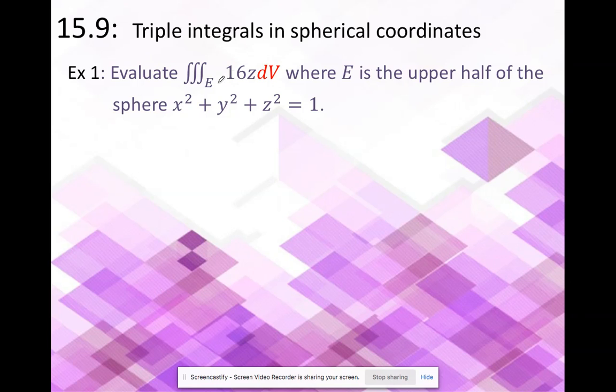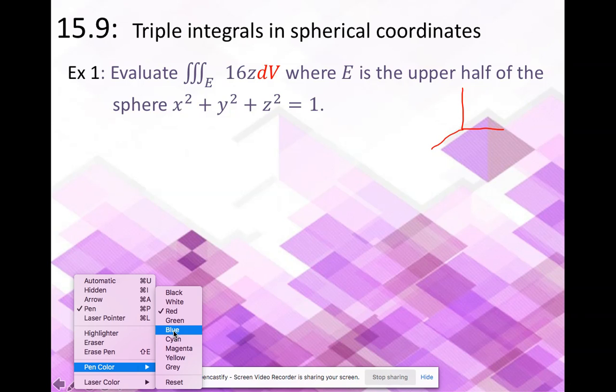So let's evaluate this E space, which is the upper half of a sphere. This sphere, I hope you can see, has a radius of 1. I'll do a very, very poor drawing of it.